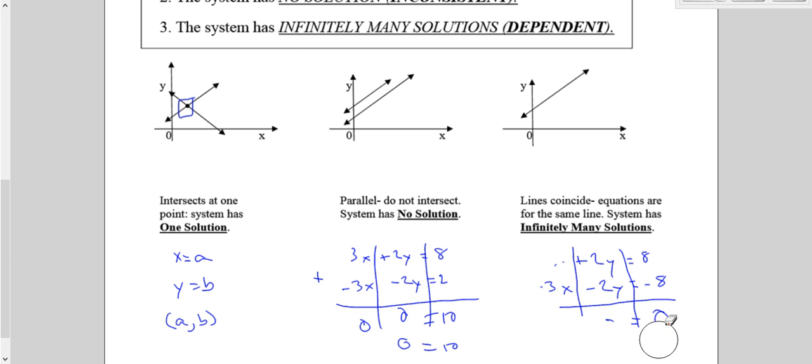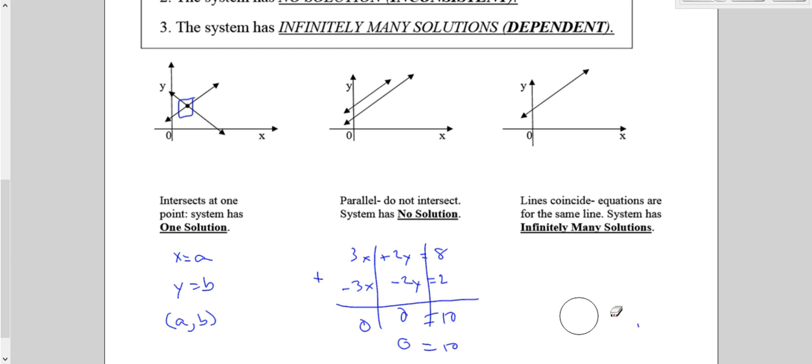we have infinitely many solutions. What we're going to be doing is taking this equation, for example, and we're going to solve it for y. We're going to take 3x plus 2y equals 8, and subtract the 3x. 2y equals negative 3x plus 8.